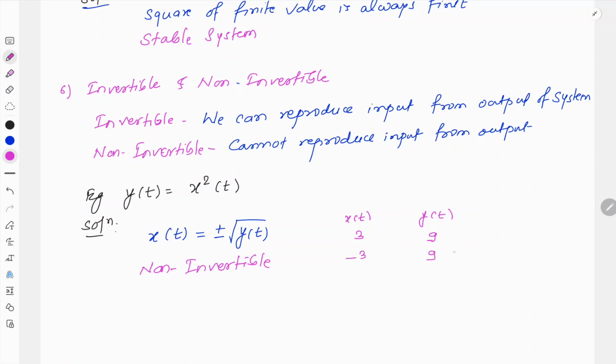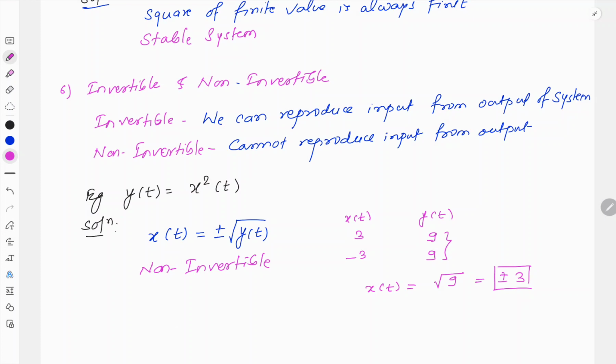Now in such cases, if we try to find x of t from y of t, it will be the square root of 9, which is equal to plus or minus 3, right? Squaring plus 3 and minus 3 gives 9, but if we take the square root, we cannot determine whether it was plus 3 or minus 3. Hence, the system will be classified as a non-invertible system.